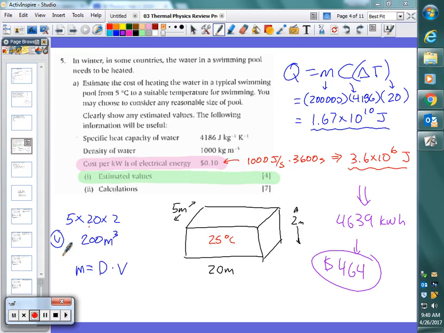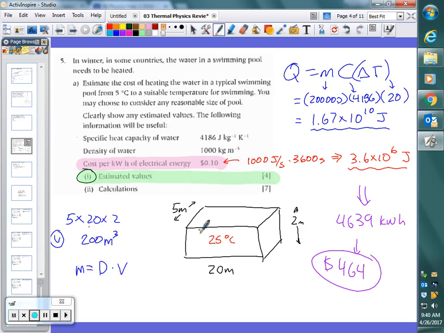Part of the problem is just coming up with dimensions of the swimming pool and how warm we want to make it. I got these values straight from the answer key in the book, and that's where my dimensions came from: 20 meters long, 5 meters wide, 2 meters deep, and a temperature of 25 degrees Celsius.